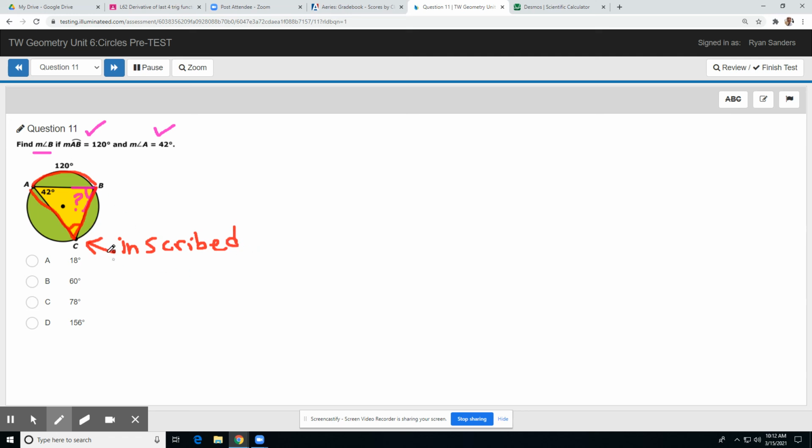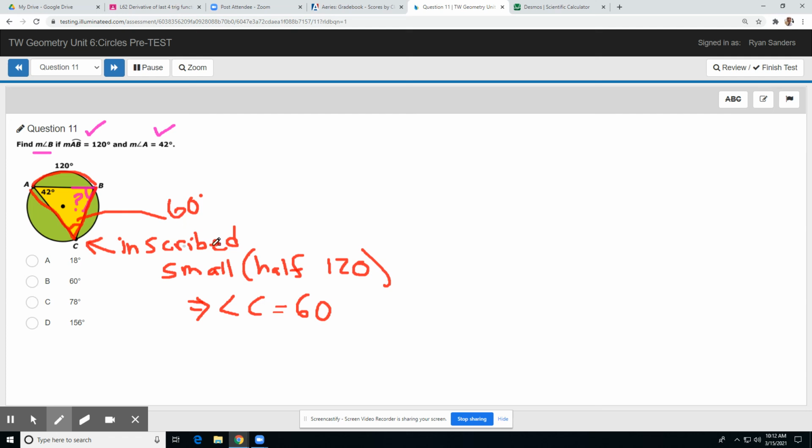This is your half again, because we're looking for the small one. We're looking for the small part. So that's half of 120, which is equal to angle C is going to be equal to half of 120, which is 60. So I found out that this is 60 right here.